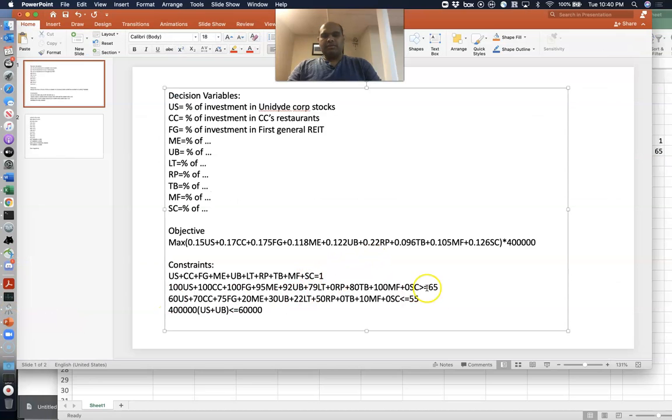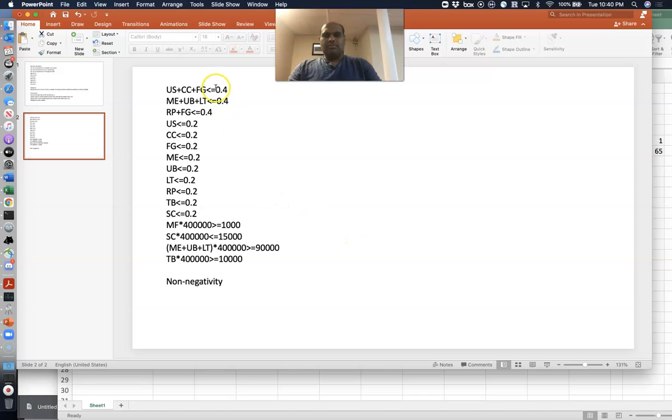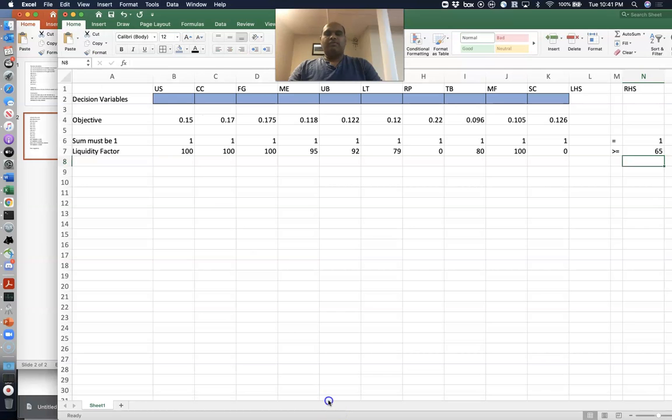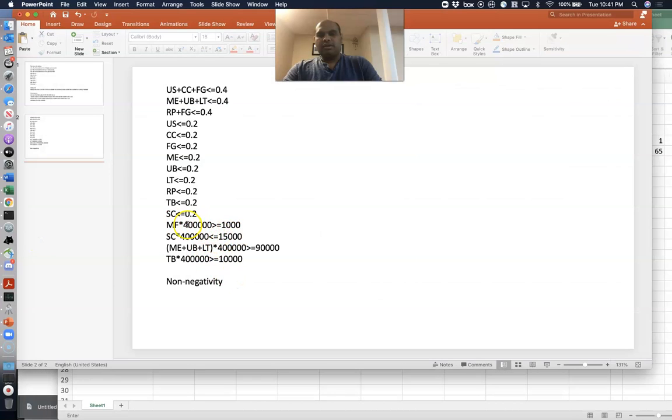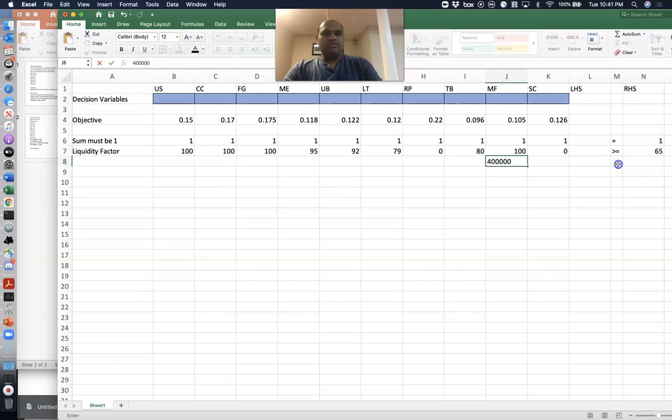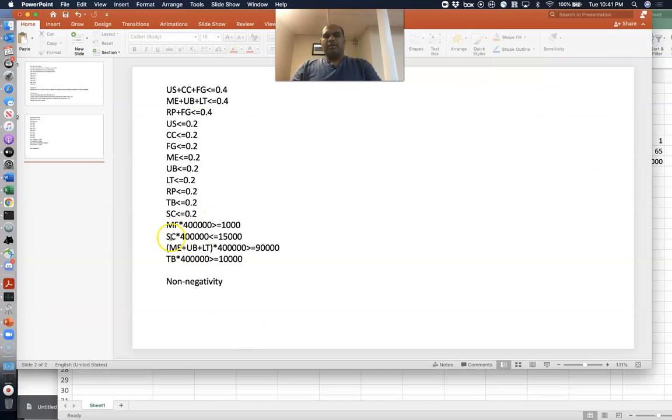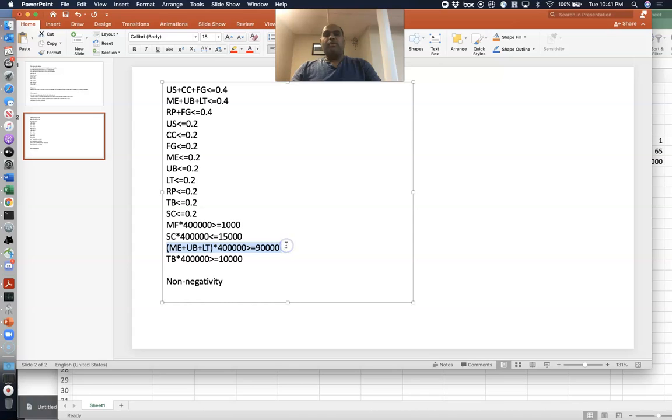Now the next greater than or equal to constraint: you have to put at least $1,000 in the money market fund, so let's do that first. So there's the money market fund, 400,000. That's the coefficient. So 400,000 times MF has to be at least 1,000. Next, you have to put at least 90,000 in bonds.